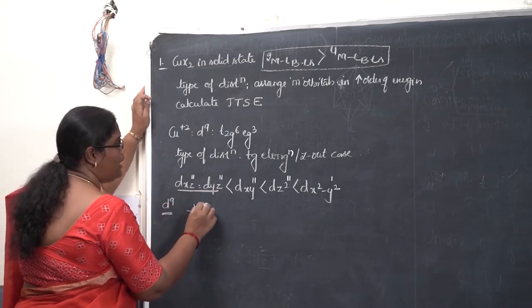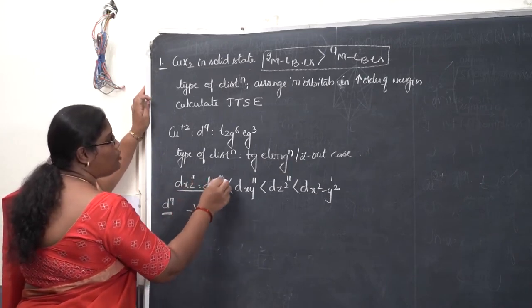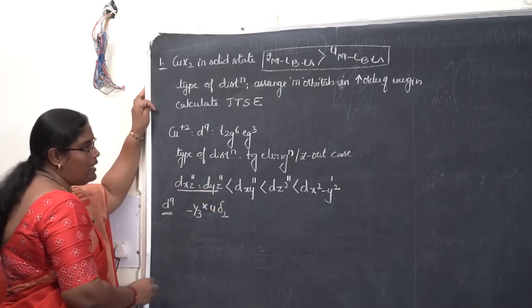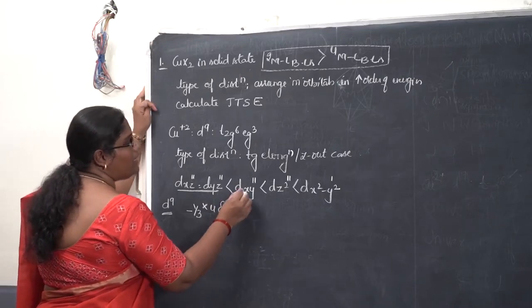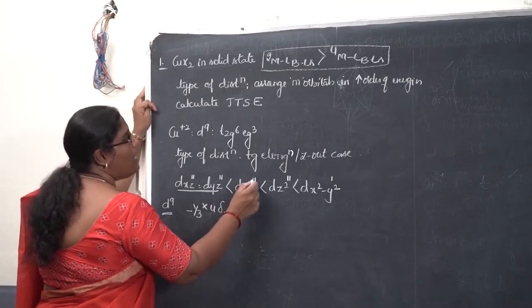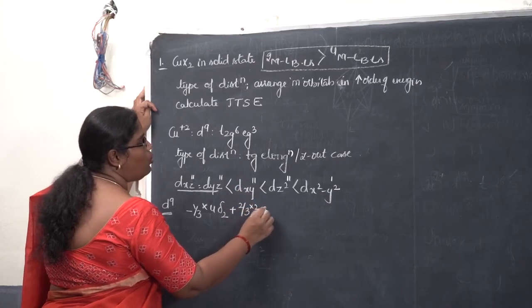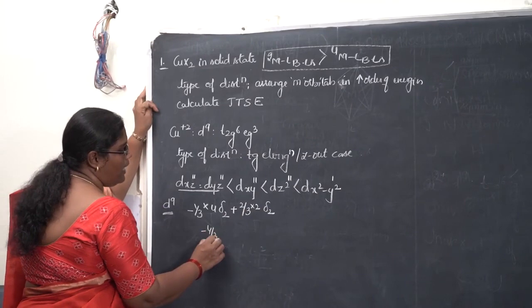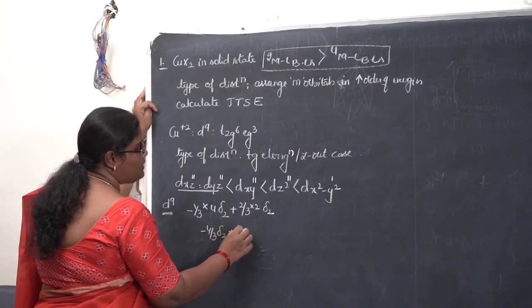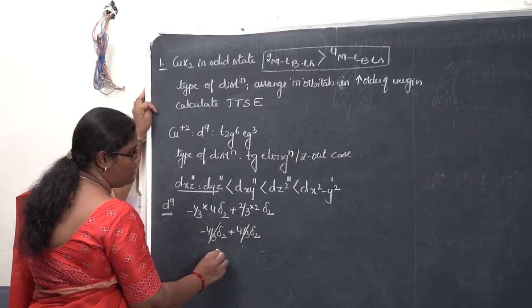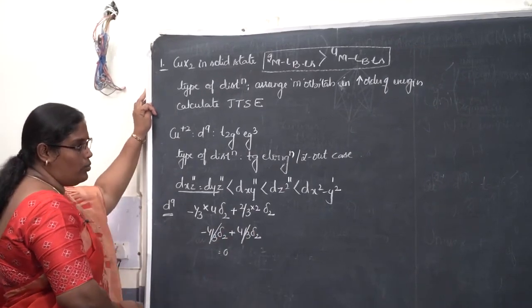Minus 1 by 3 into 4 electrons in these orbitals in terms of delta 2, plus for dxy the energy is plus 2 by 3 into number of electrons 2 in terms of delta 2. So this is minus 4 by 3 delta 2 plus 4 by 3 delta 2. So the energy is 0 with respect to t2g.